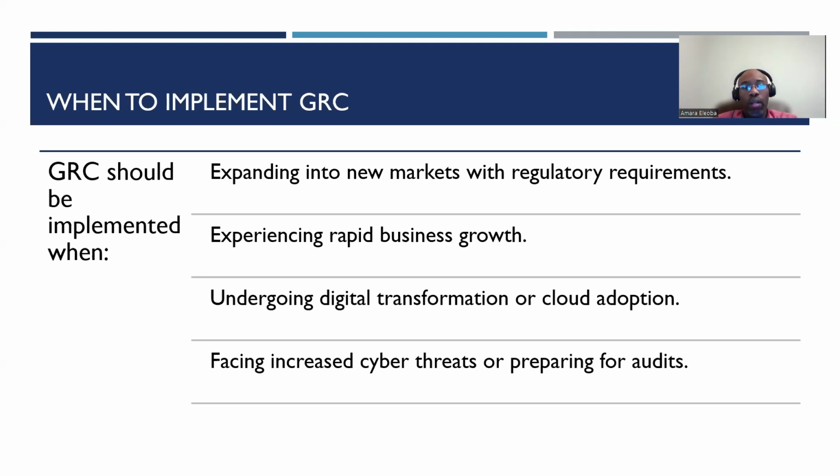Then also, GRC can help organizations experiencing rapid business growth, because you want to make sure that the company is structured properly, from the governance side to the risk management side, and also compliance. So how do we know that the company is compliant? A company can also have its own internal requirements.